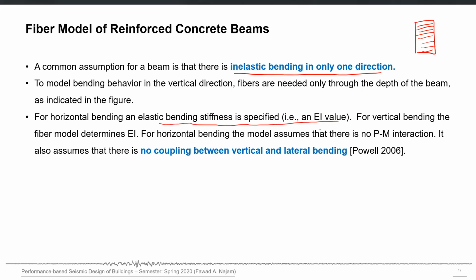So for the bending in the out of plane direction, only the EI value will be used directly. But for vertical bending, the fiber model will basically determine the EI value. So the E value becomes now variable because of the fiber modeling in that direction. Why variable? Because in the fiber model, we have actually assigned the stress strain behavior, nonlinear behavior. So E will be determined by the stress strain behavior in that direction.